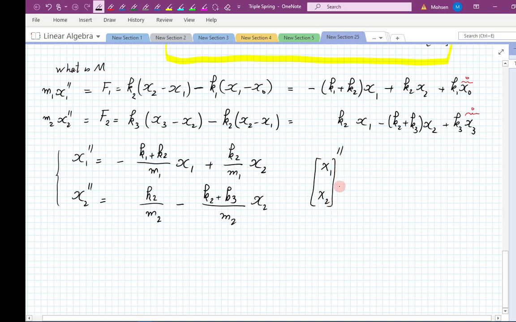double prime. Let's factor a minus out so that it looks like the formulas we had previously. K1 plus K2 over m1, so this becomes minus K2 over m1, and this becomes minus K2 over m2, and this becomes plus K2 plus K3 over m2, then all of this times x1 x2.